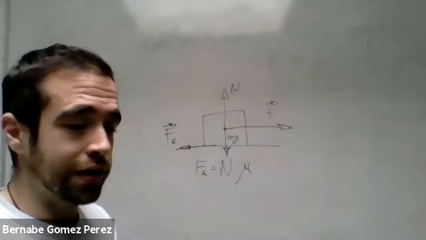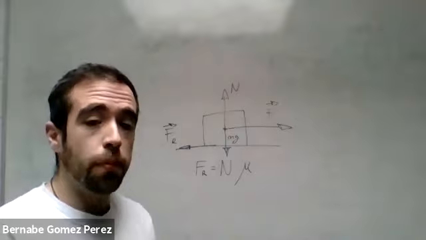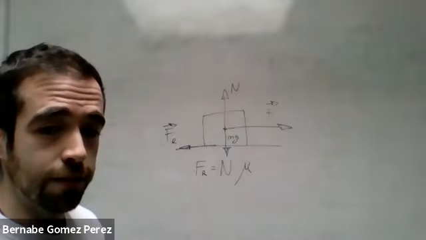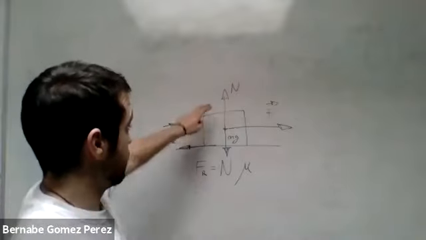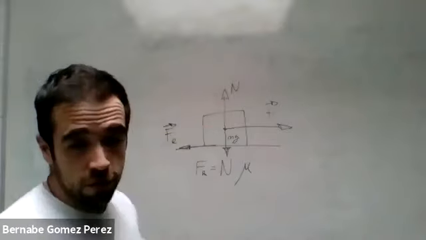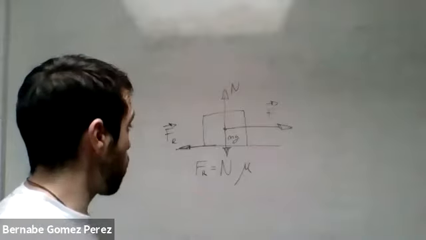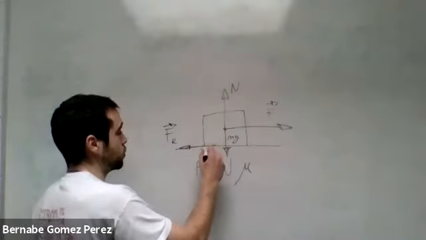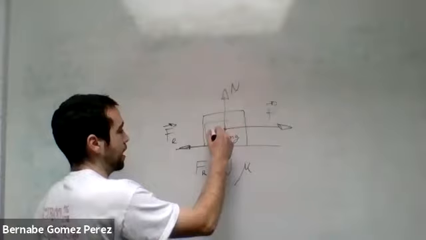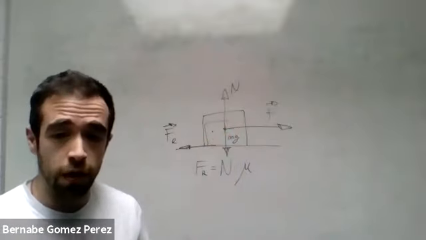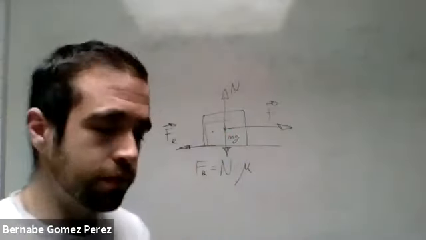And also understanding that friction acts always parallel to the surface, and that normal forces always act orthogonal to the surface. So we can extract the conclusion that normal force and friction force are orthogonal. Hope this makes sense.